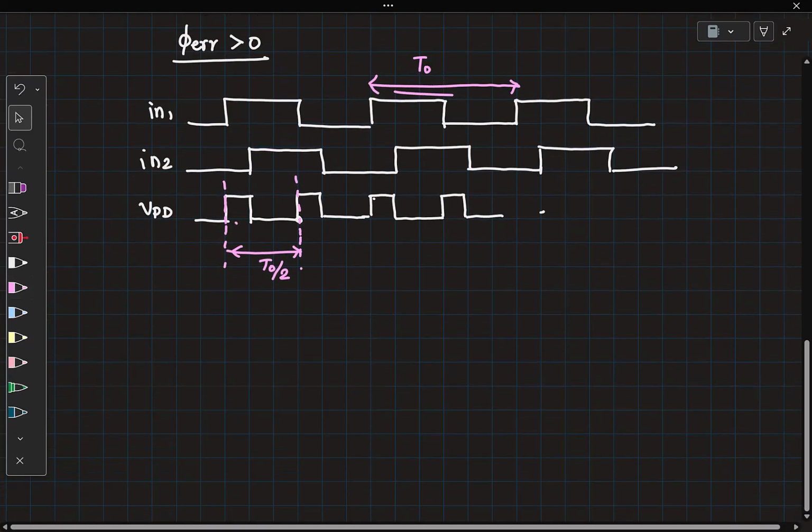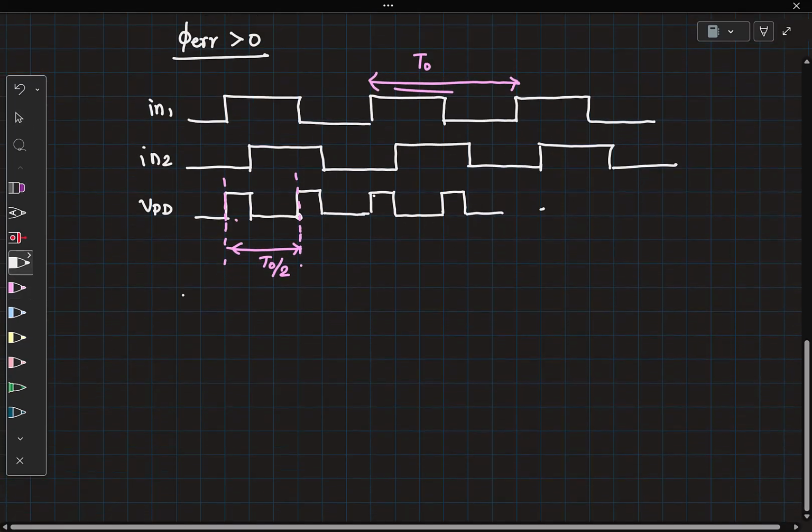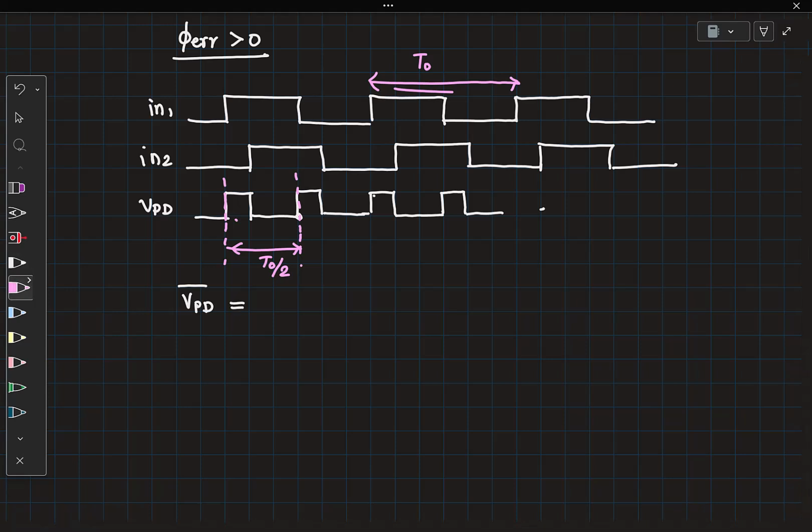So now I can write an expression for VPD average. This will be equal to, so your output is high for a duration of delta t, where delta t is the distance between in1 and in2. So you have delta t into VDD plus the remaining duration, T naught by 2 minus delta t, into the value during that phase. And how much is that value? 0. The whole divided by the period T naught by 2.